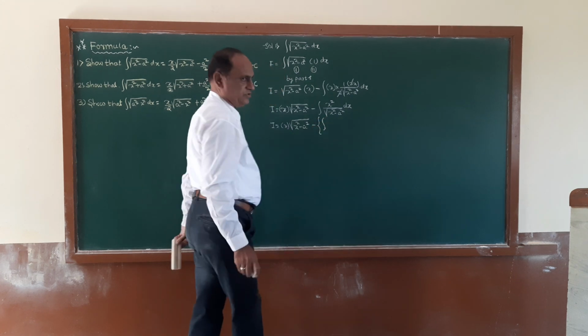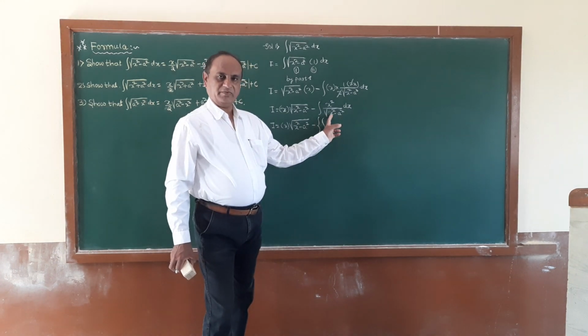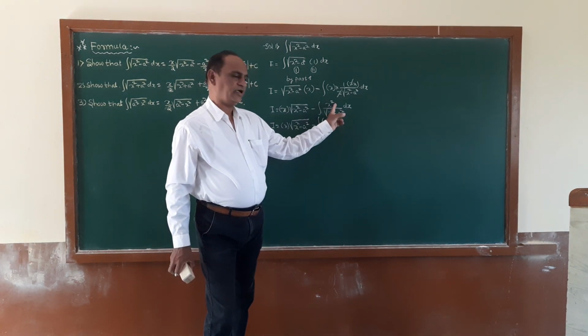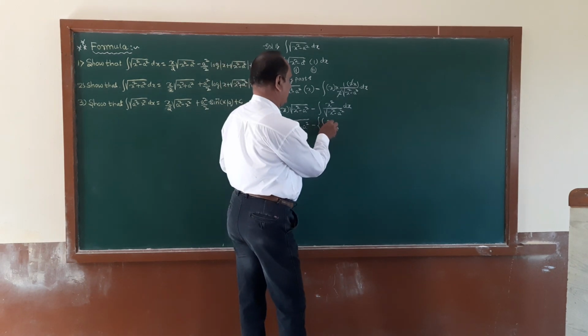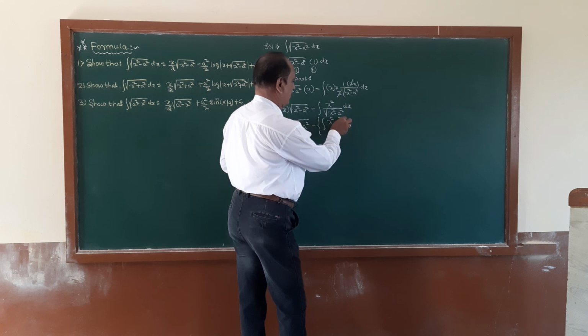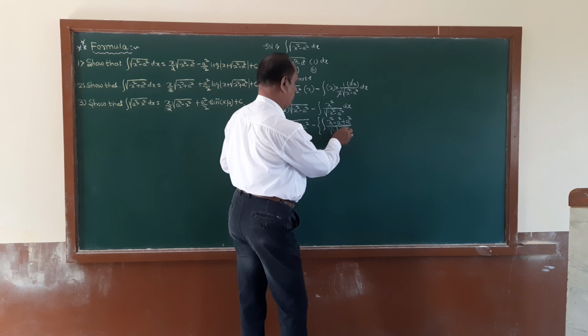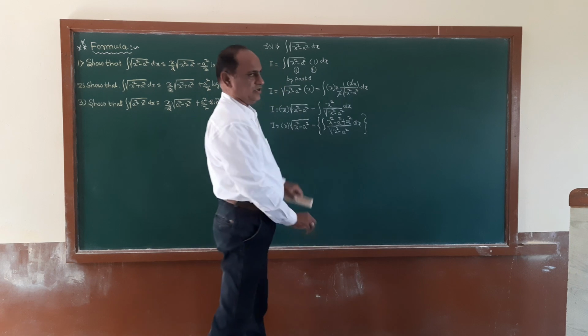Here we have to make a small arrangement. In the denominator, the term x square minus a square is given on the same line. As it is in the denominator, arrange the numerator. So that is x square as it is, then subtract, minus a square, then again add, plus a square. So this whole divided by the denominator, the square root of x square minus a square, with respect to x, that is dx. Complete the flower bracket here.